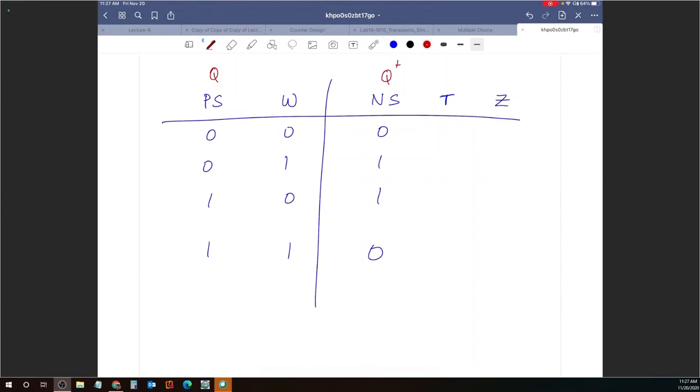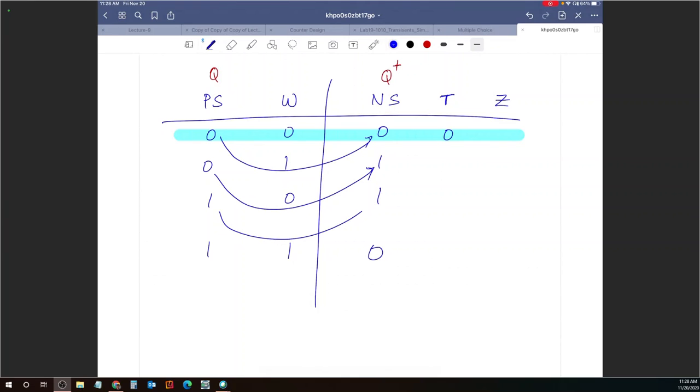How do I go from Q to Q plus using a T? So what should I write here? Am I toggling or am I not toggling? 0, 1, 0, 1. Don't toggle. That's absolutely right, because 0 is going to 0. No toggling. Yes toggling. No toggling.